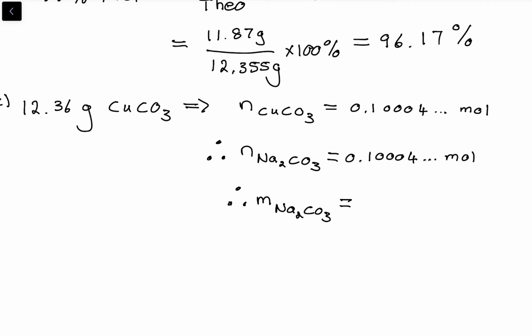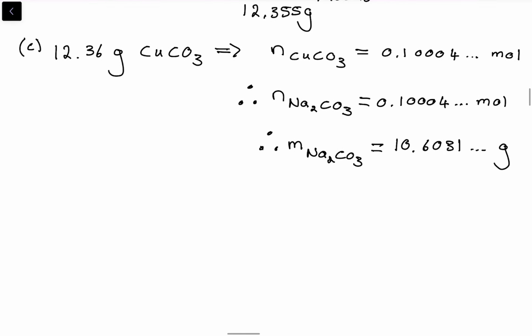And of course, once we know what that mass is, we just inverse multiply to upscale that. So we know that we need 10.6031 gram sodium carbonate. But that is if the sample were 100% pure.